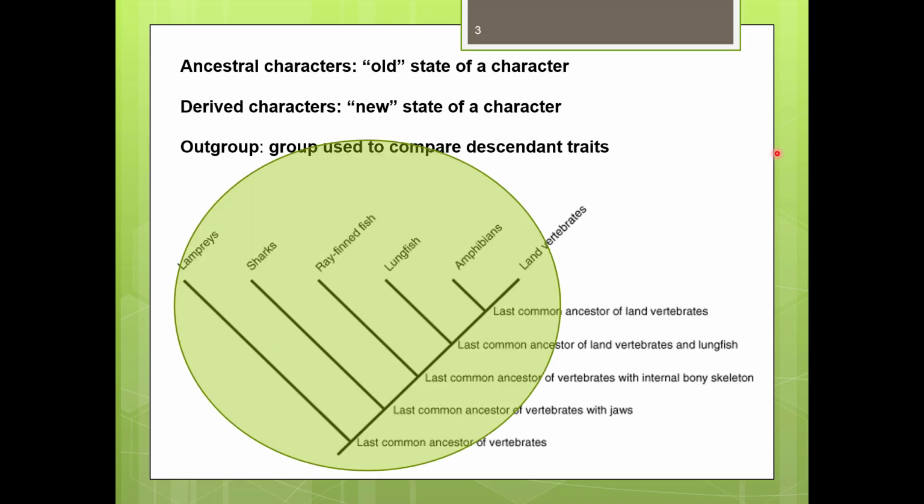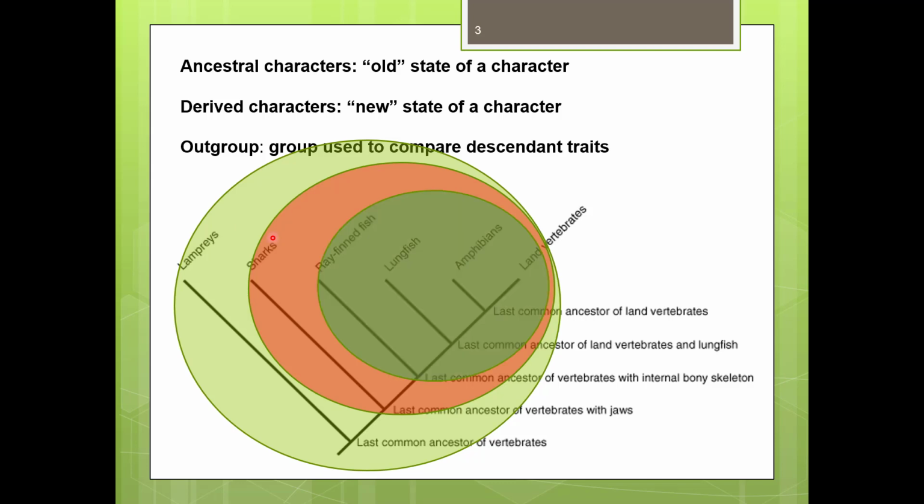So for example, this entire clade we could call the vertebrates. Within the vertebrates, there's a clade here that includes everyone that has jaws. So down here was an ancestor with jaws, and it passed that trait off to all of its descendants. That's how we make these cladograms. We look at shared traits. So jaws are a homologous trait found in all of those organisms, and they share it because of a common ancestor.